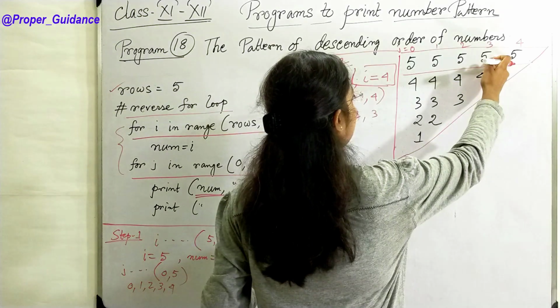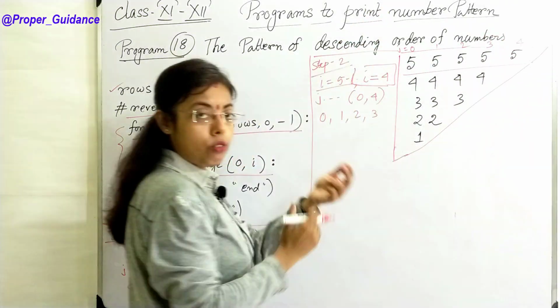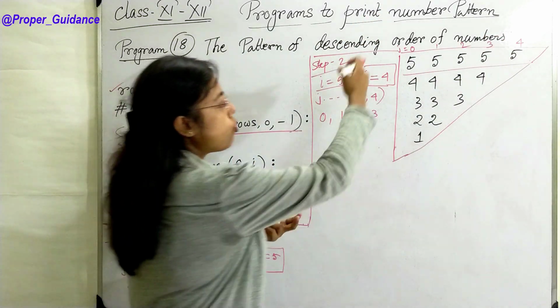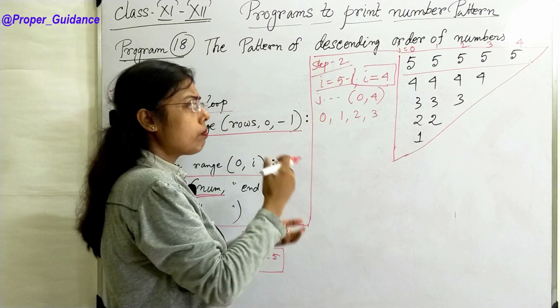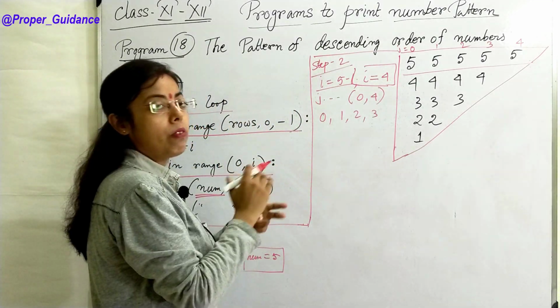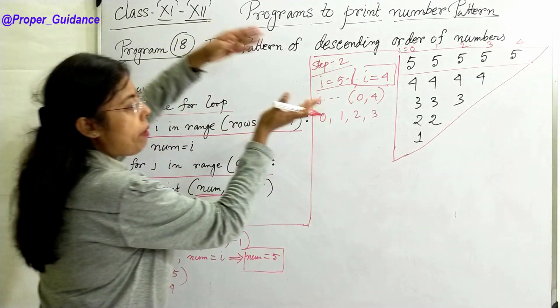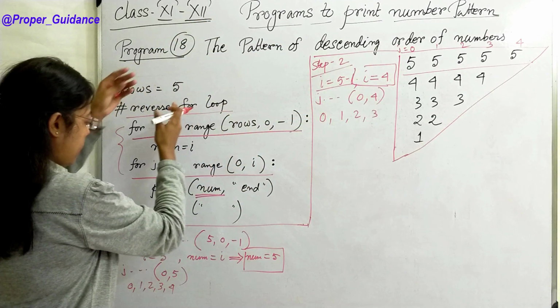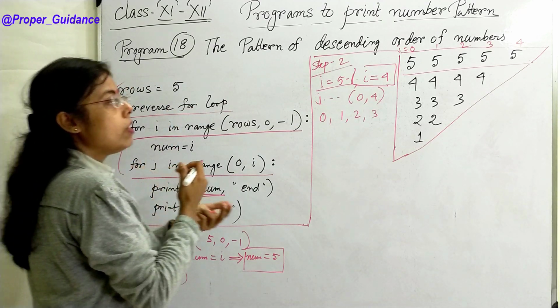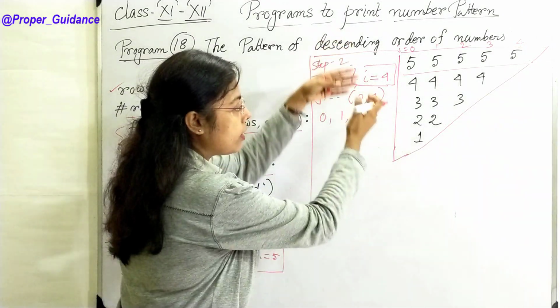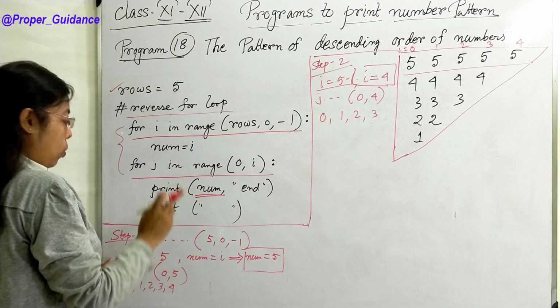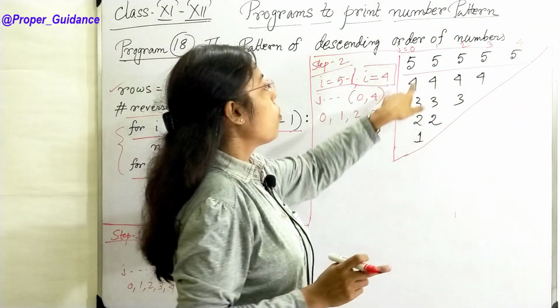Columns are set with the variable j and rows are set with the help of variable i. The outer loop helps to make the rows, and the inner loop helps us get the columns. So when j equals 0, we print what?